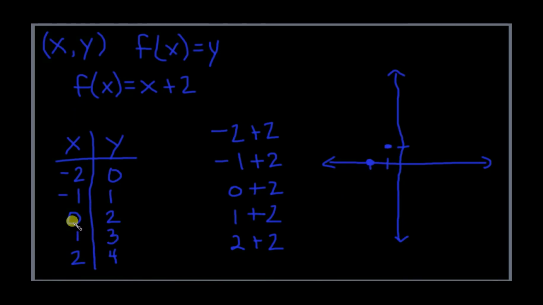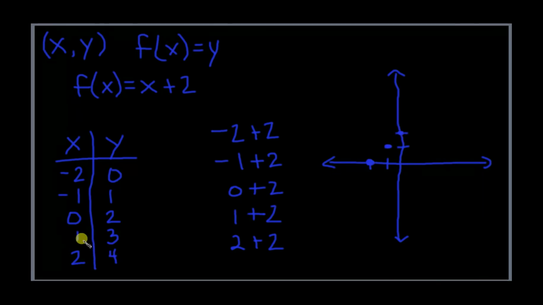Our third point is 0 on the x and y. It's at the origin, and it moves up 2 on the y. So we're at 0, we move up 1, we move up 2. And you're going to see that this point is right here. Let me make that a little lower. So you're going to see that 2 is right here.